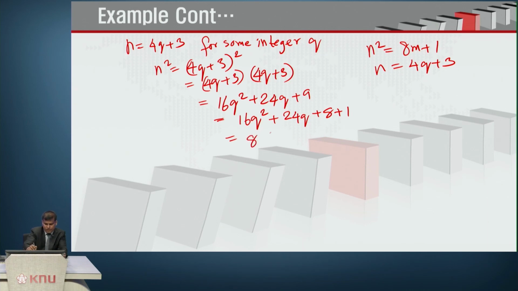You can take 8 outside, so you have 8 times 2q square plus 3q plus 1, plus 1. Yeah, just a simplification process.